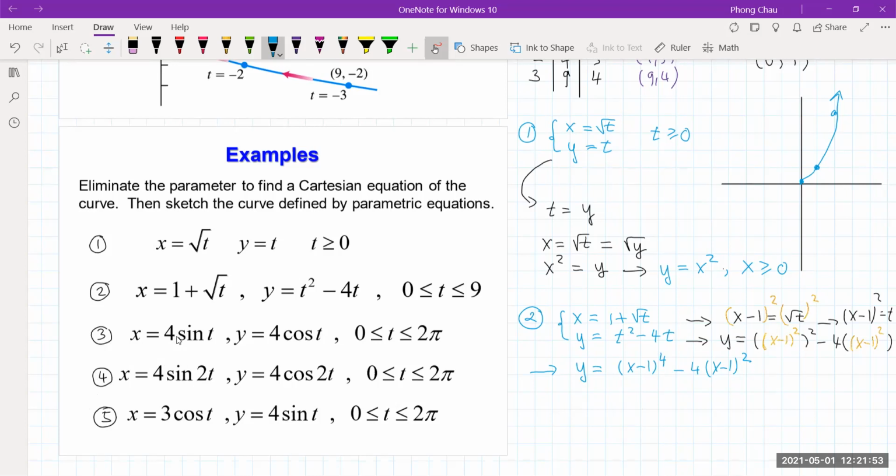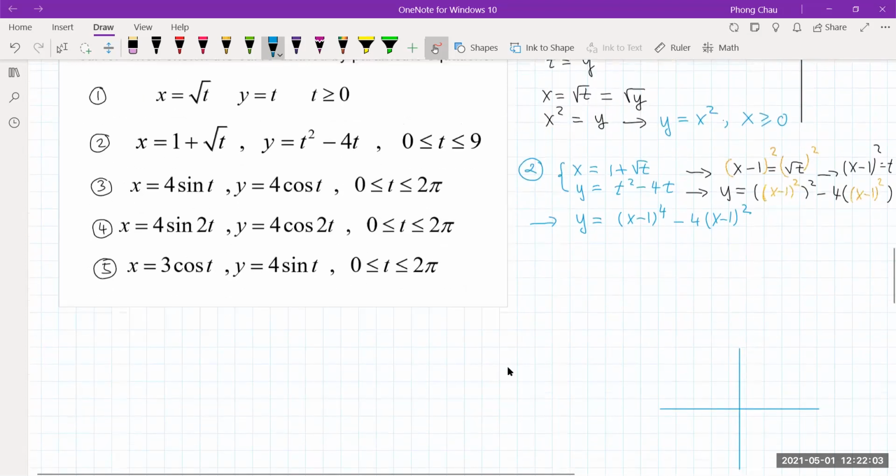Now see that 3, 4, and 5 are different from 1 and 2 in that they involve the trig, cosine and sine functions. When we have those, we don't solve for t directly. The reason is that when you do that, it's going to be ugly, right?